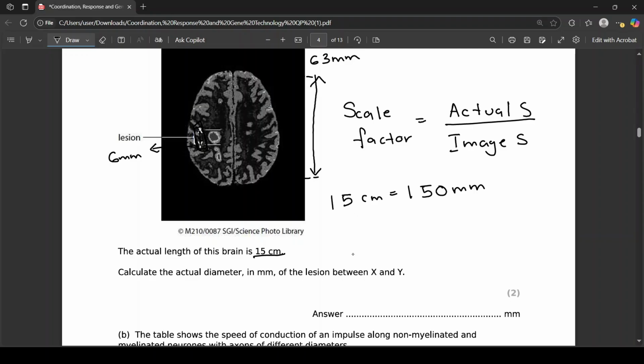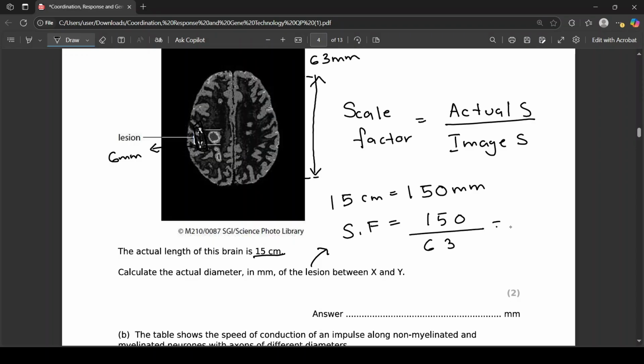So our scale factor would be, oh god, there is so little space. Just let me do it here. I hope you'll understand. We can write the answer here. So scale factor, I'm writing it as SF. We get the actual size, the actual length, as we have calculated, 150, and our image size from here we have gotten is 63.